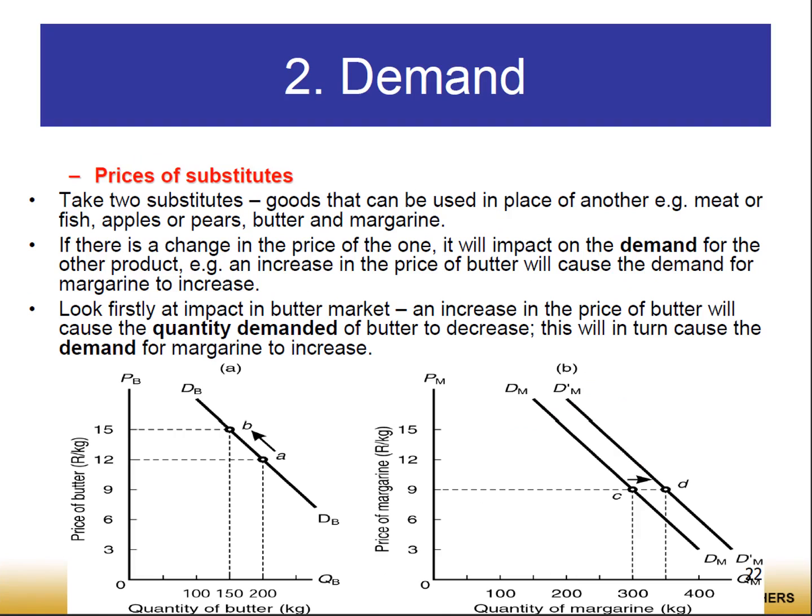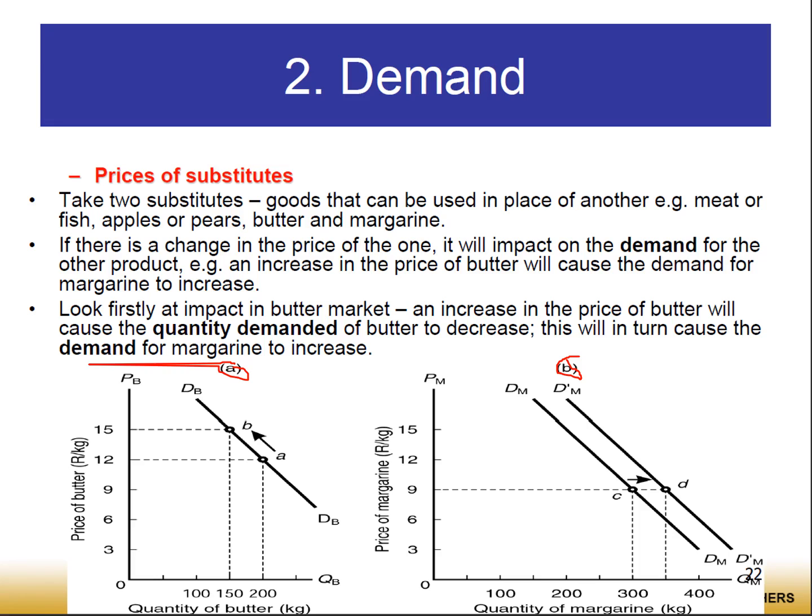Now let's look at how the demand for a good changes if the price of one of its substitutes changes. So on the right, we are interested in the market for margarine, in the demand for margarine. One of the substitutes for margarine is butter. Now here we have an increase in the price of butter from 12 Rand to 15 Rand per kilo. And again, what we would expect is an increase in demand.